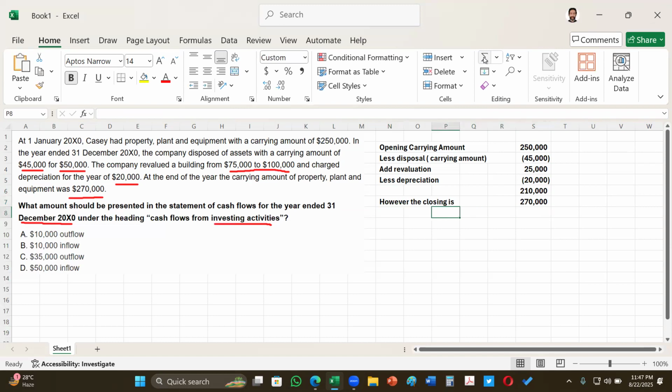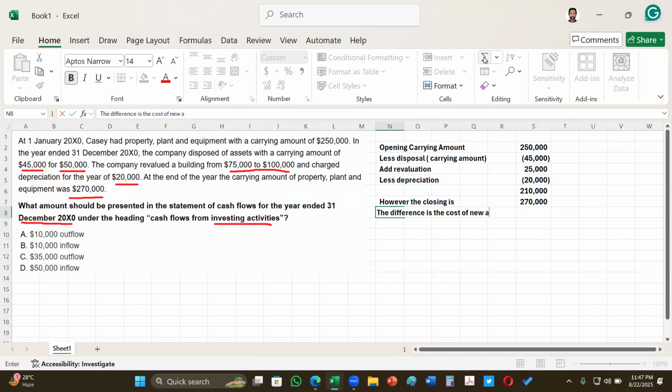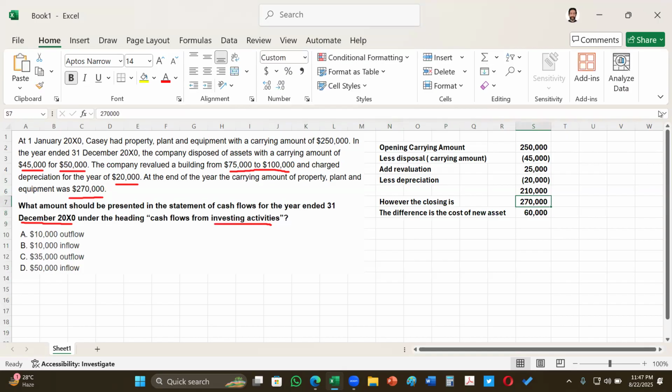So what is the difference? The difference is the cost of the new asset. So how much is the new asset for? It is 60,000, because according to our calculation, the value should have been 210,000, but when we checked the value that was provided in the question, it was 270.